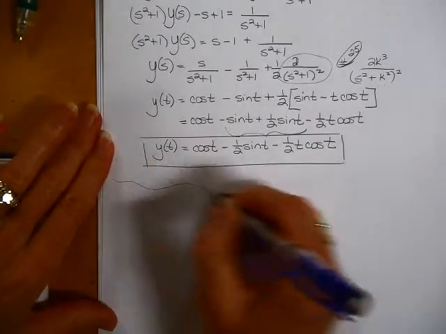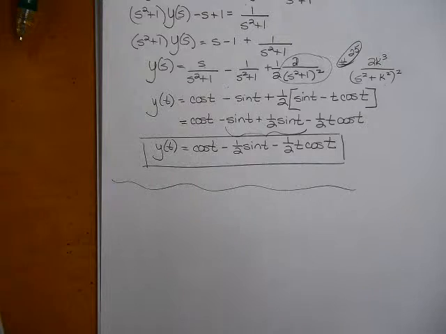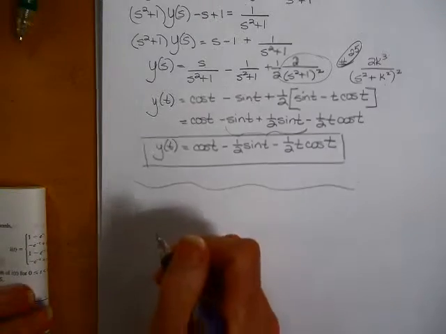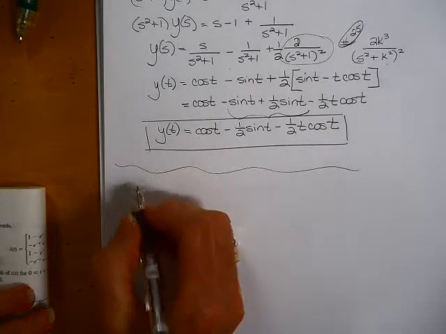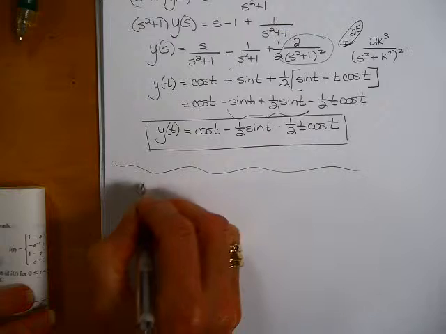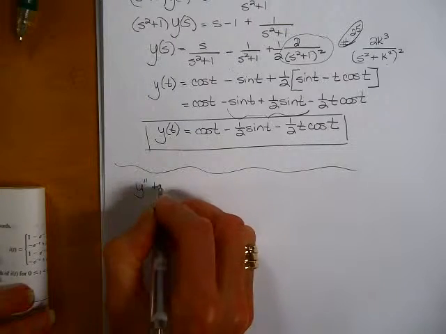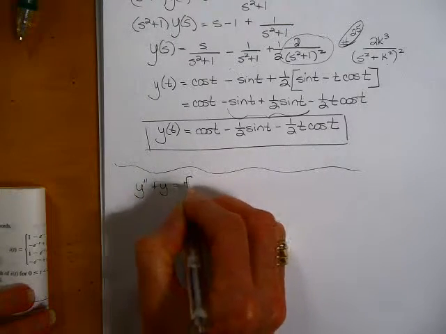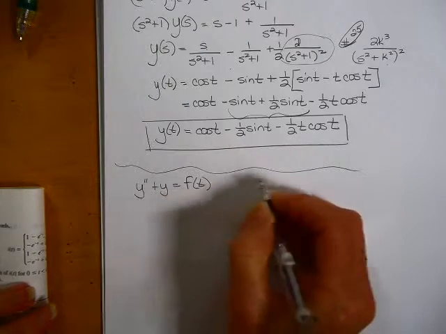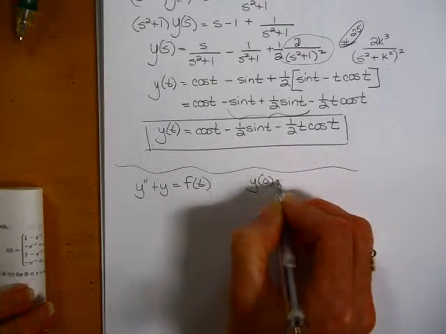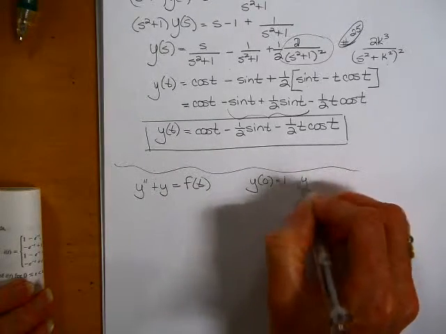All right, let's look at another one of these. Let's see. All right, number 14 involves a unit step function, so let's do that. It's probably got a little bit of everything in it. All right, it's y double prime plus y is equal to f of t. Y of 0 is 1.